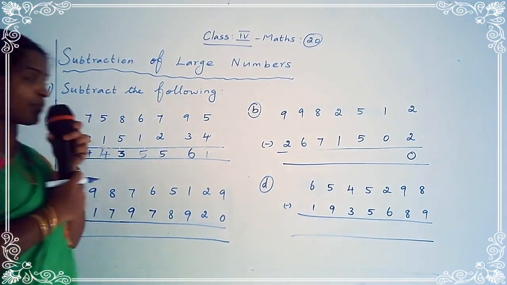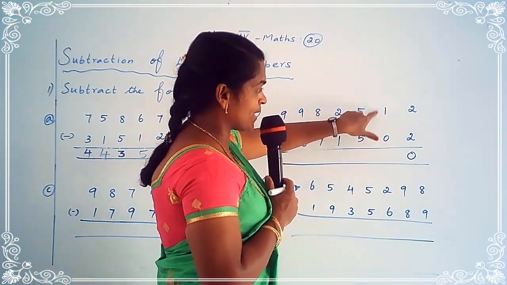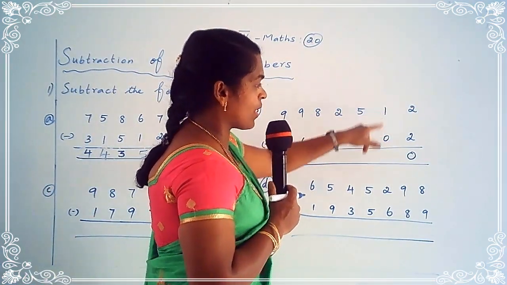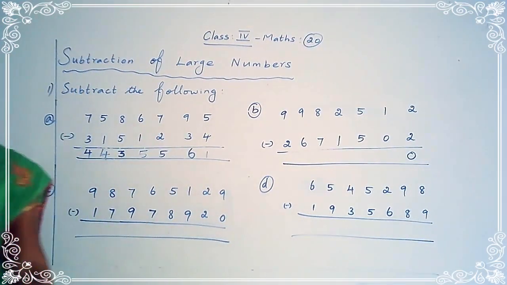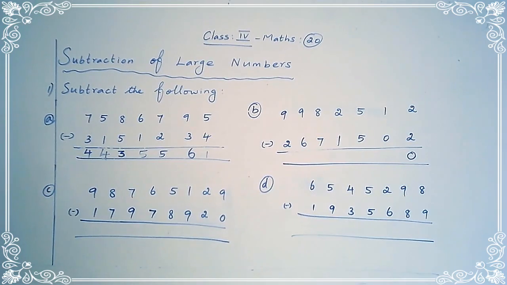Next, subtracting in the tens place. Here the tens place has 1 and 0. So 1 minus 0. What's the answer? 1. Yes children, how? 0 subtracted from a number does not change the value of the number. When we subtract 0 from any number, the value does not change.